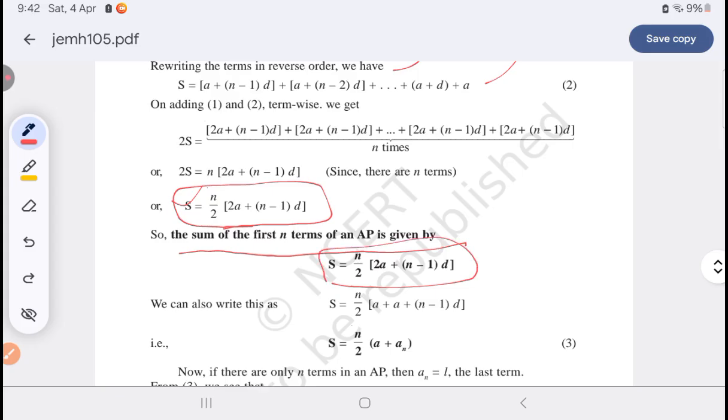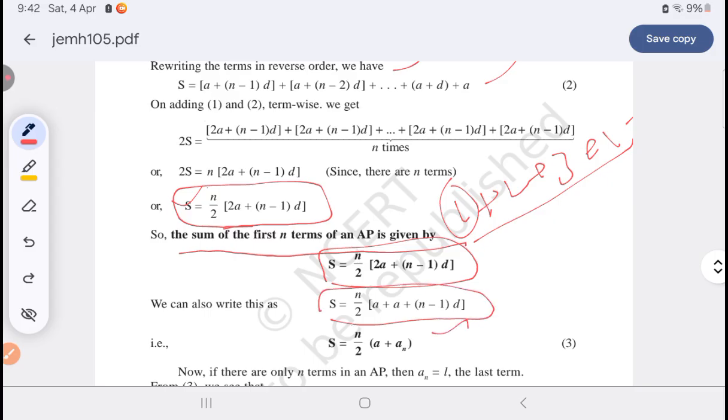Here we are adding numbers. Let us say 1, 2, 3, 4, 5 up to 100, so 100 terms are there. You need to add 100 terms with this formula. Here n equal to 100, the first term a is 1, and the difference is also 1. You can find the sum of all the terms.